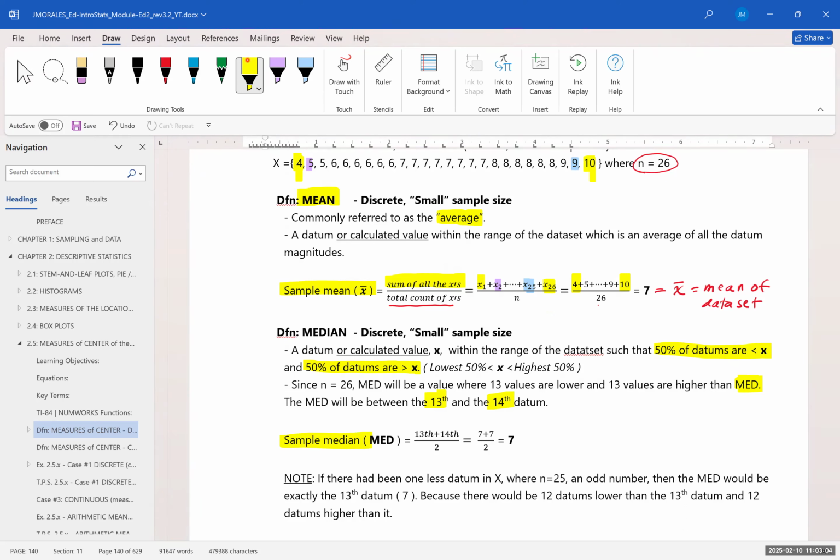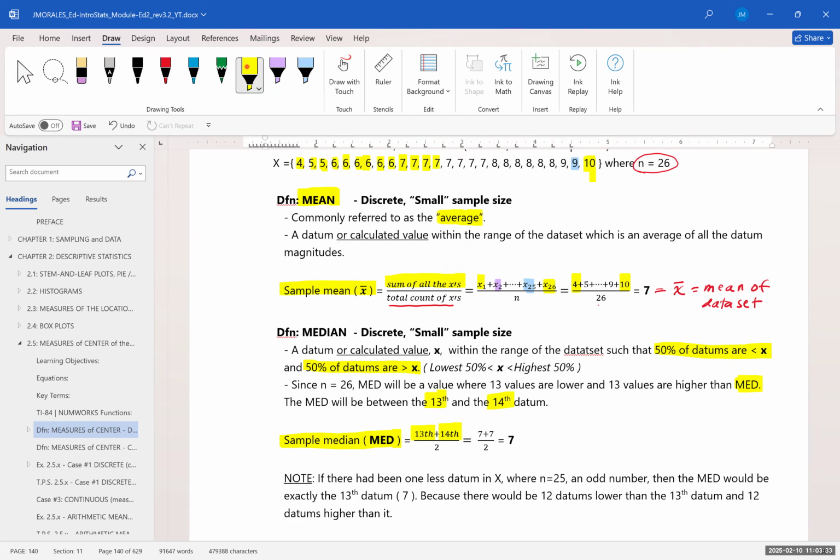To calculate the sample median, we're going to take the 13th and add it to the 14th datum, and then divide that by 2. The 13th datum, if we count up above here, 1, 2, 3, 4, 5, 6, 7, 8, 9, 10, 11, 12, 13.